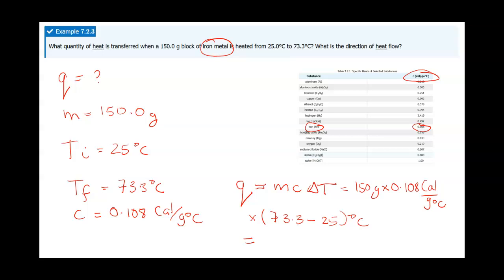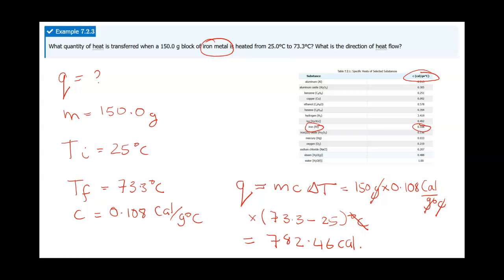Having done that, I end up with 782.46. So now let's check our units. We can see that grams will cancel and degrees Celsius will cancel. So the only unit left is calories.